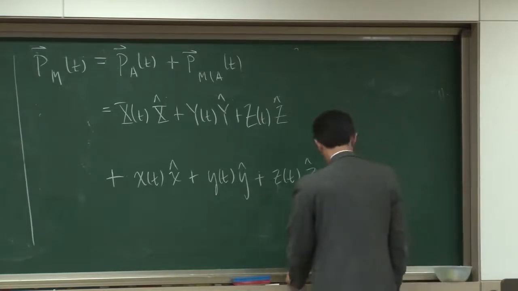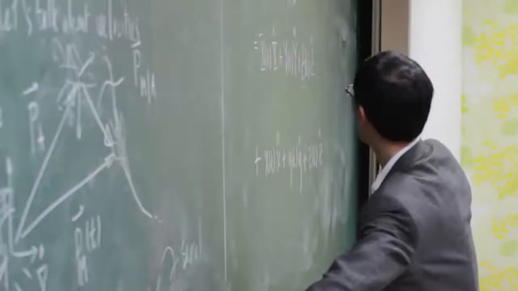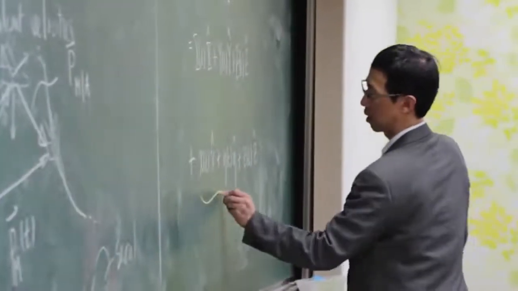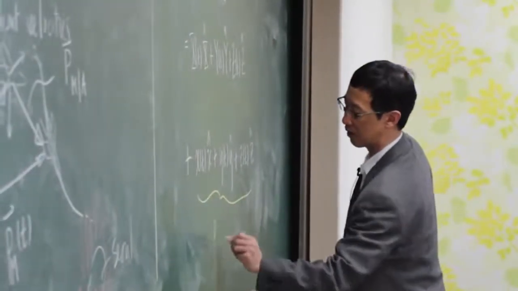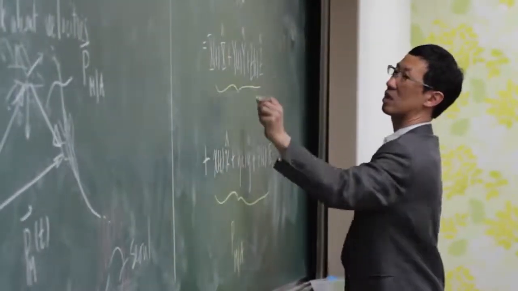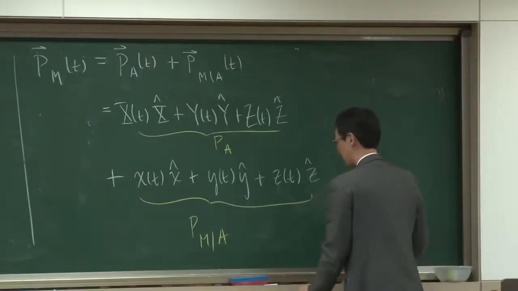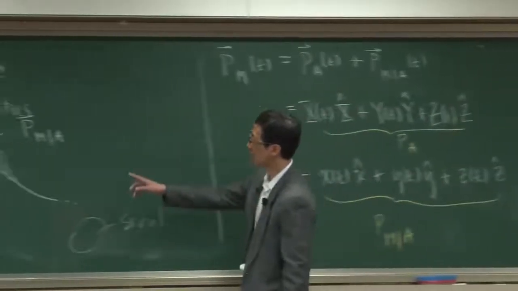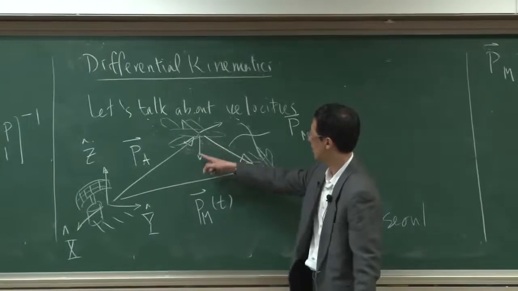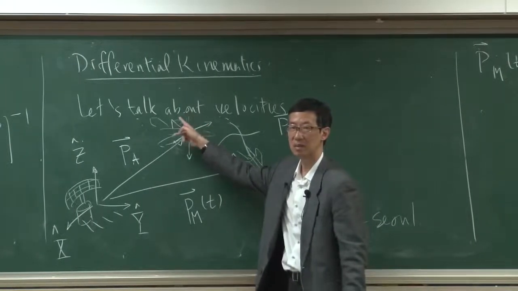All right, so this is my P of M given A, and this top term is P of A. Okay. All right, so that means I'm labeling the axes of the moving frame as small x, small y, small z.